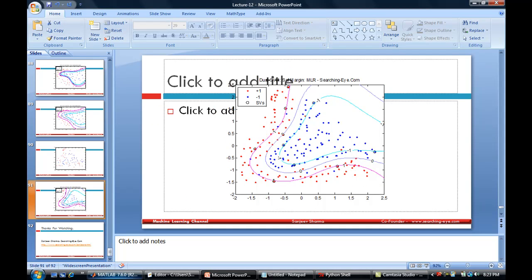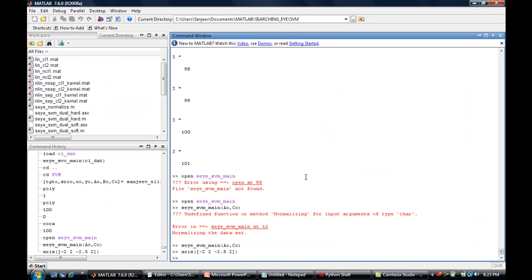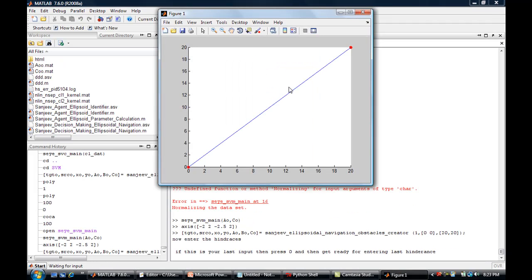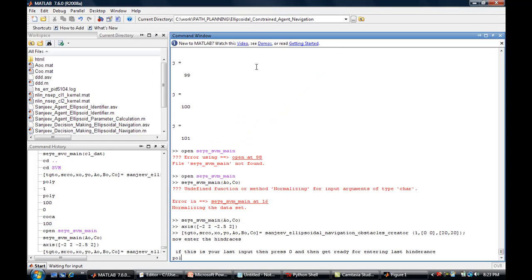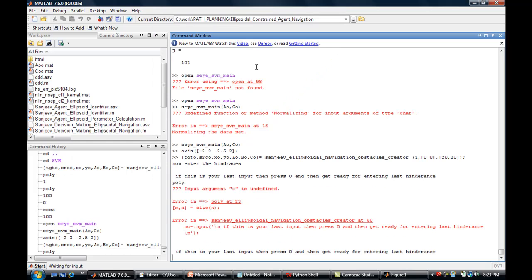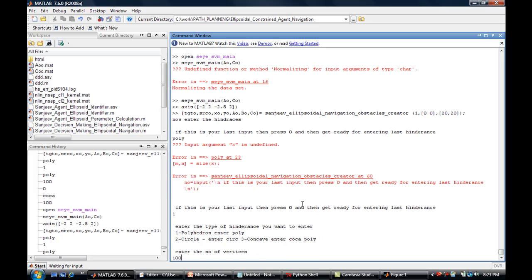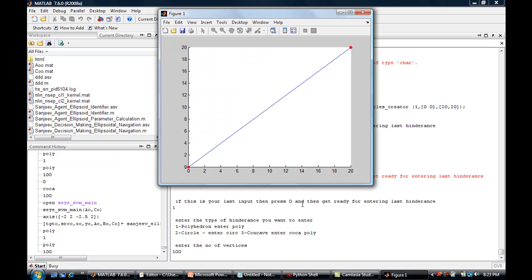So now let's consider an example. Let's make a data set. So I'm using 100 instances in class 1.